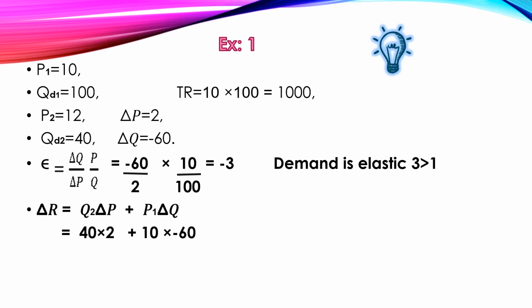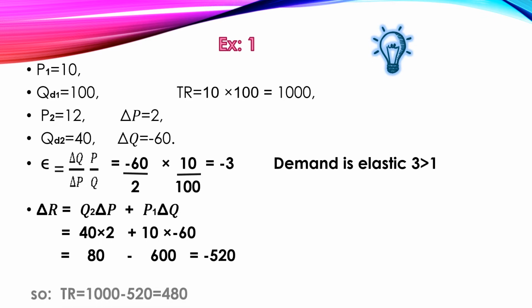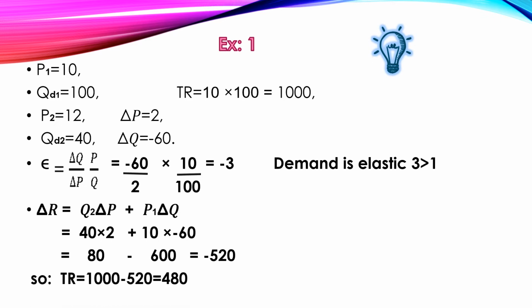So change in revenue equals 40 multiplied by 2 plus 10 multiplied by negative 60, equals 80 minus 600, equals negative 520. So total revenue, 1000 minus 520 equals 480. This is the new total revenue.